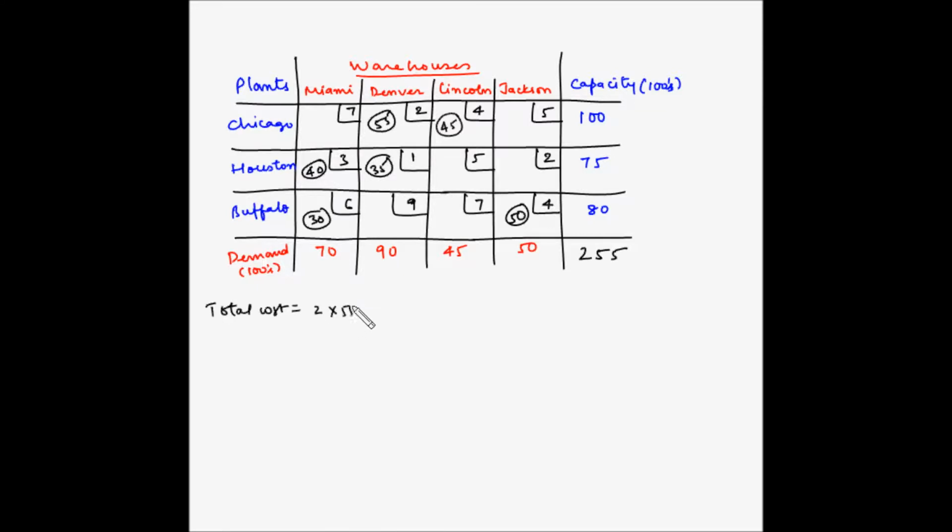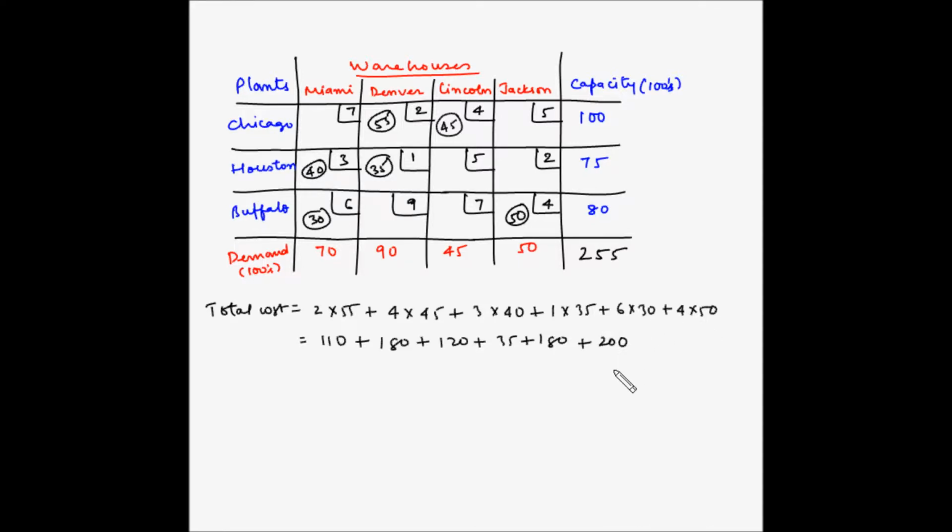So 2 multiplied by 55 plus 4 multiplied by 45 plus 3 multiplied by 40 plus 1 multiplied by 35 plus 6 multiplied by 30 plus 4 multiplied by 50. 55 multiplied by 2 is 110, plus 45 multiplied by 4 is 180, plus 30 multiplied by 4 is 120, plus 35 multiplied by 1 is 35, plus 6 threes are 18, 10 plus 4 fives are 20, and another 0.